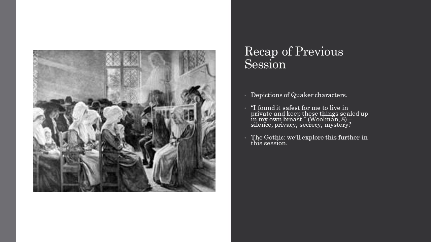But what is interesting, as I mentioned last week, is that in the hands of non-Quaker writers, the Quaker character's dedication to silence and inwardness becomes a dedication to privacy, maybe even secrecy, and maybe even mystery, something which is altogether less benign, perhaps slightly threatening, but certainly very intriguing and very mysterious.